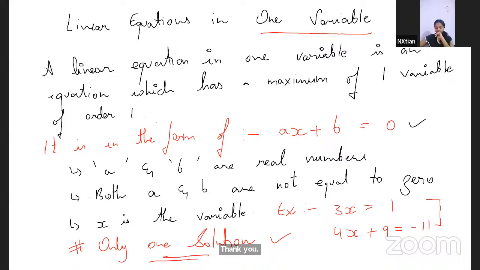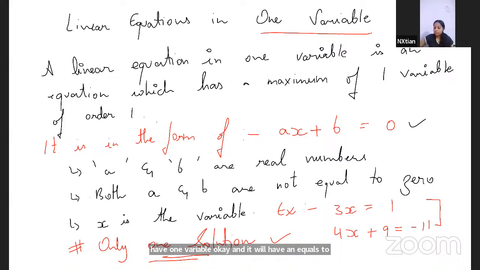Now see, Zara, the first example is 3x equals 1. A linear equation in one variable means the equation will have one variable, and it will have an equals sign. It will be a complete equation.